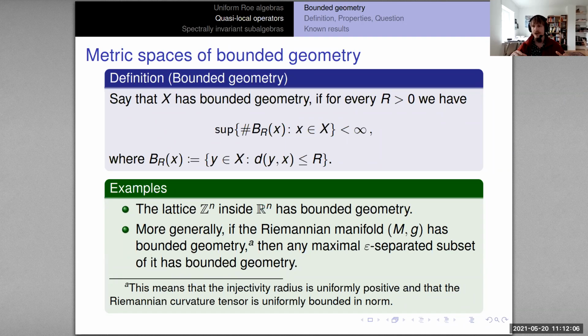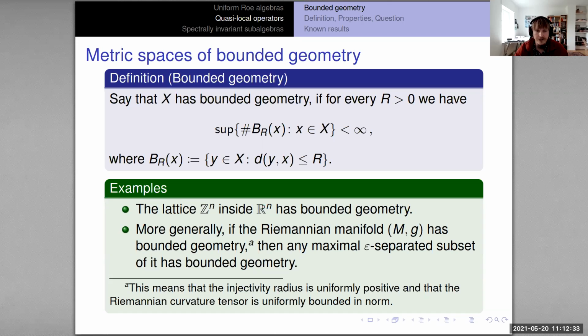So for example, every universal covering space or every covering space of a closed manifold with the pulled back metric has bounded geometry. Then if you have such a Riemannian manifold, you can consider any maximal epsilon-separated subset in it. And this maximal epsilon-separated subset will have bounded geometry as defined above on this slide.